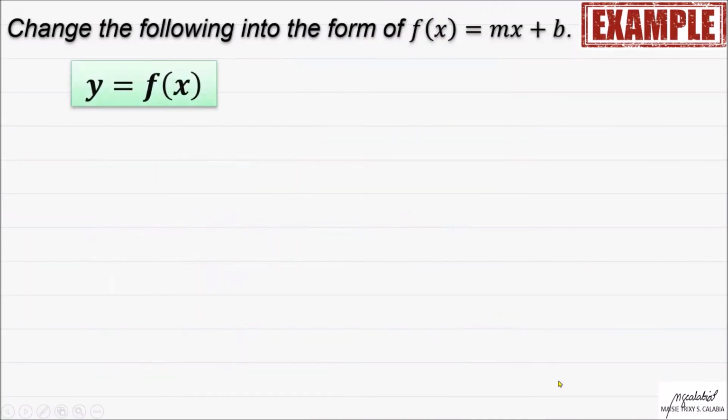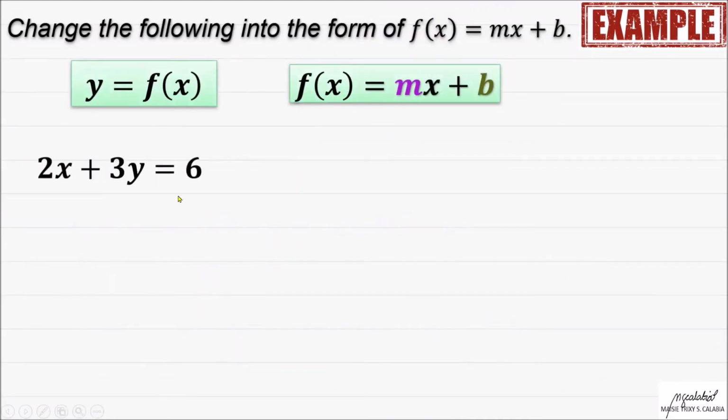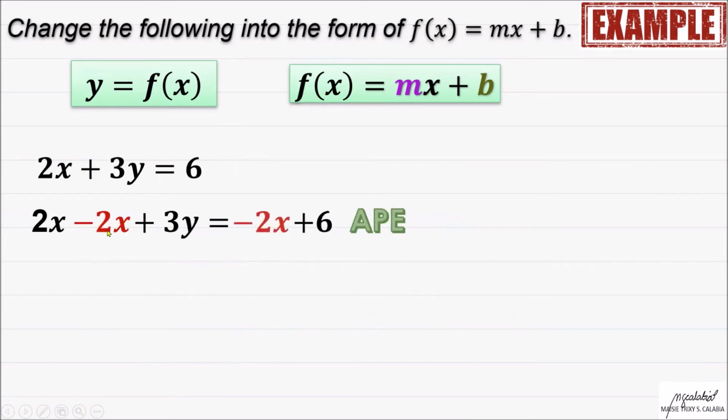Last example. We have 2x plus 3y equals 6. So the additive inverse of 2x is negative 2x. Let's add it to both sides. So negative 2x, cancel. So we have 3y is equal to negative 2x plus 6. And then, multiply by 1/3, which is the reciprocal of 3, so that the 3 will cancel.